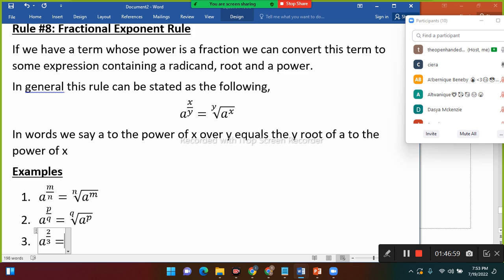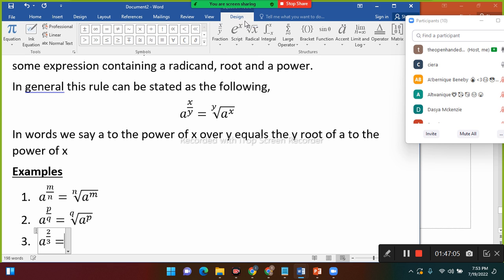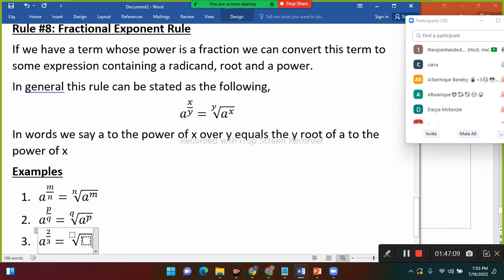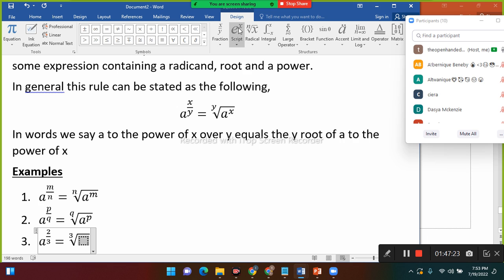Okay, so we're gonna put the 3 outside the radical. And then a to the power of 2. A to the power of 2. Okay. So how would I read it?